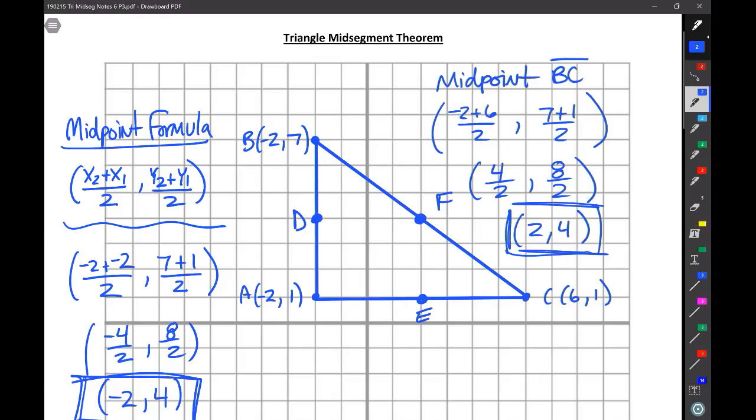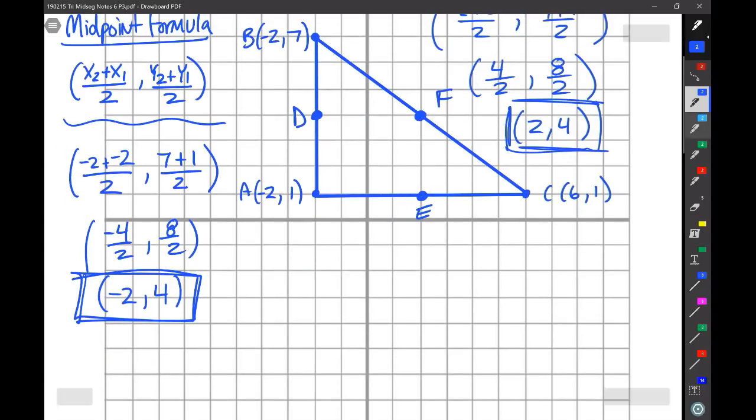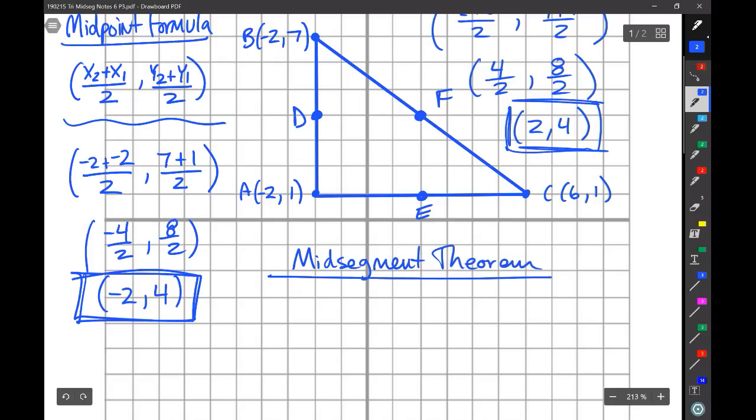Okay, so midsegments. All right, let's jot this down. We're gonna take some notes here as we go along. Down here, let's title this the midsegment theorem. And we want to just lay out what a midsegment is.